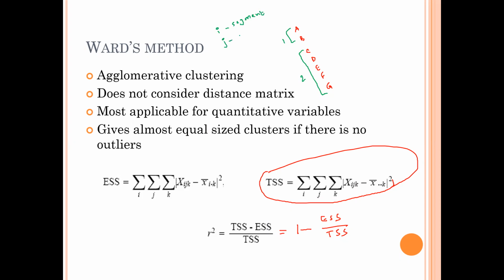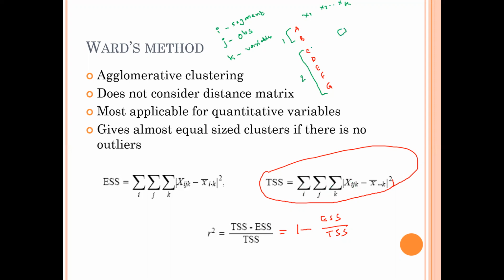J is the observation and K is the variable. There are K variables, let's say X1, X2, up to Xk. So there are K variables, I segments and J observations. So X_ijk varies over all the I, all the J, and all the K. X_ijk means any random value here.